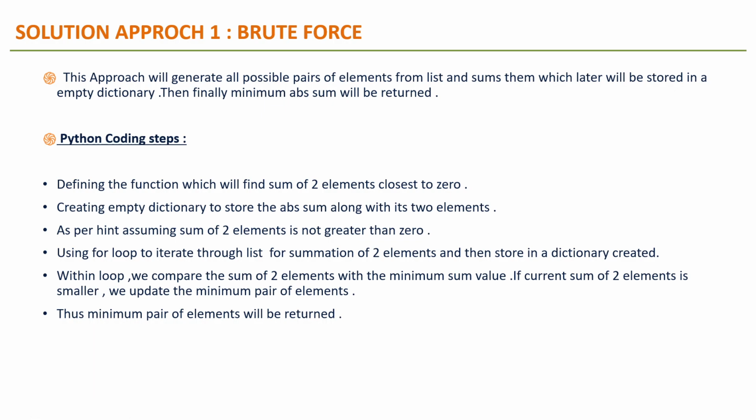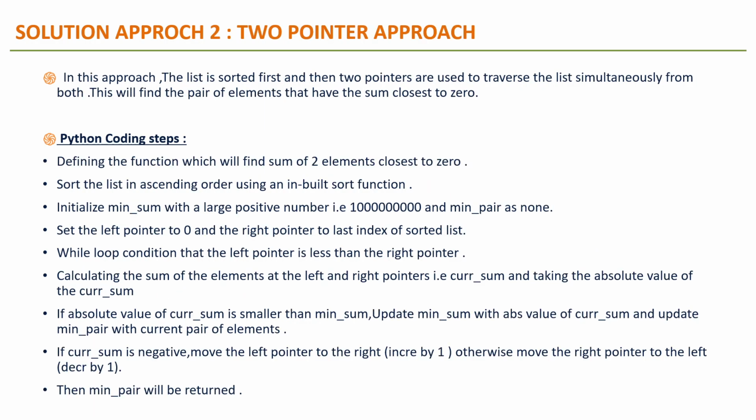If the current sum of the two elements is smaller, then during the continuous iteration, the smaller value will be updated as the minimum value. Then when we find a minimum value, those two elements of that minimum value will be considered as the final result.